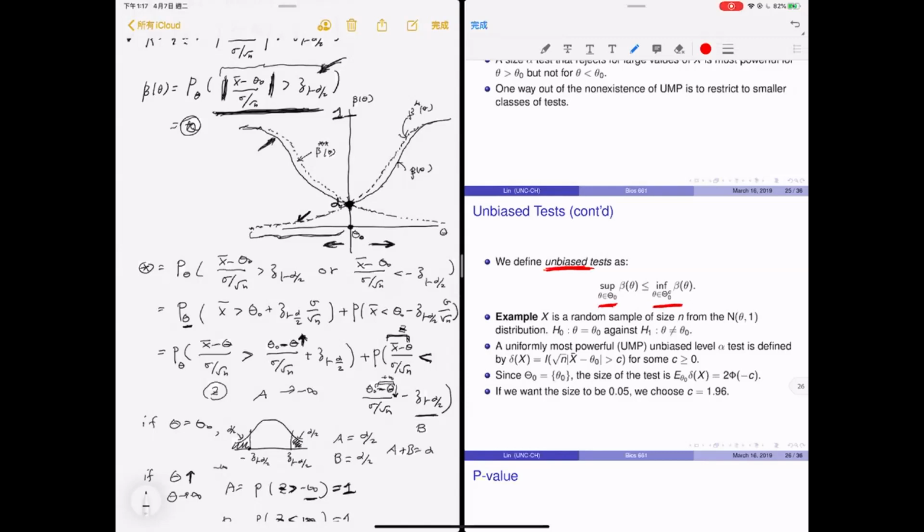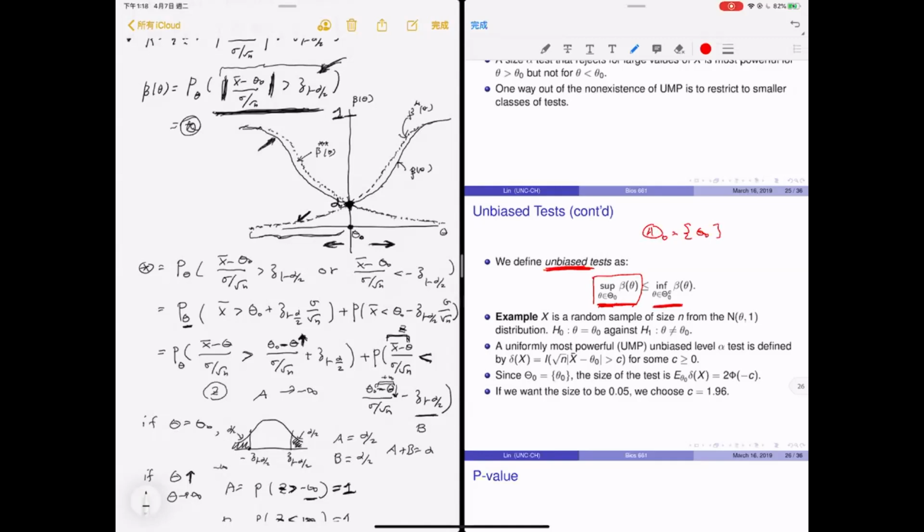For example, right here. If this is my lousy test, beta star star, okay, the supremum of my power under the null space. Right now my null space is a single point, theta is 0, so there's no sup or inf.